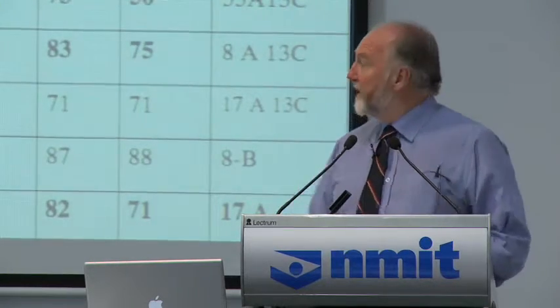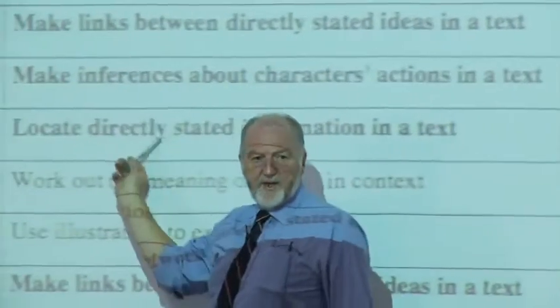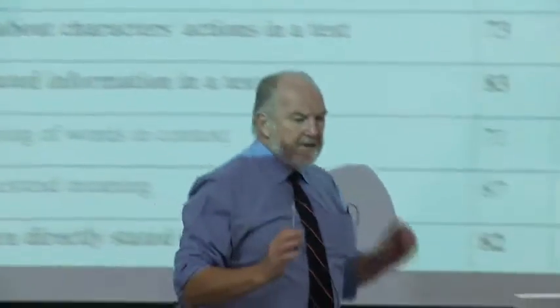The sort of data you get back from NAPLAN, and also from the online testing, are descriptors like this. It's reasonable to say that's how NAPLAN is seeing reading. That's what they believe reading is like. Reading involves locating directly stated information in a text, making links between directly stated ideas in a text.